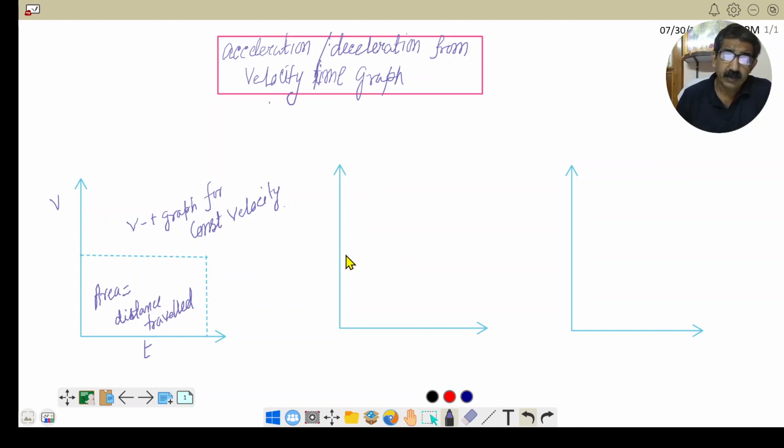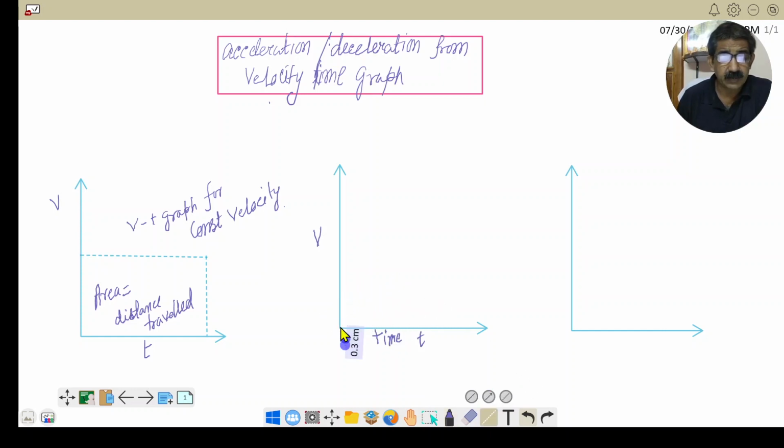Okay. Now, suppose the particle starts moving from velocity v equal to 0, this is the time axis, time t, and this is velocity. Velocity changes in this manner.